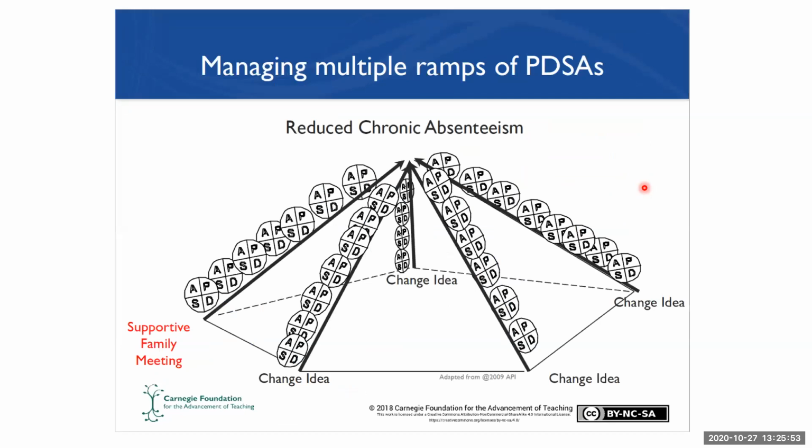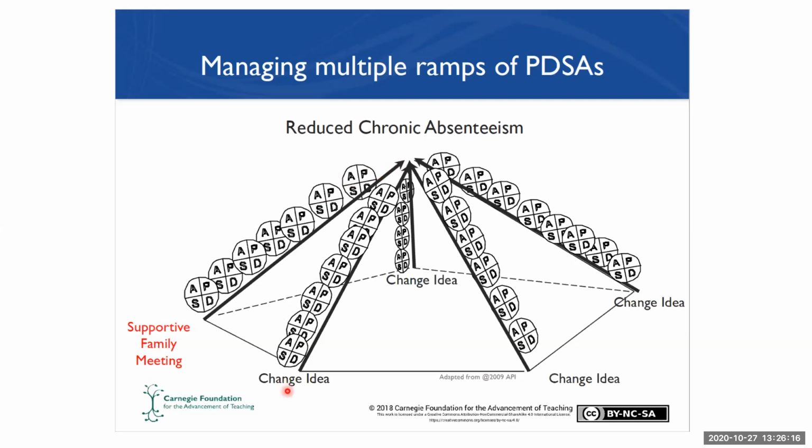Another important thing to think about is one change idea is not going to solve your entire problem. So the supportive family meeting is one series of PDSA cycles. And in the example from High Tech High, they iterated this about 6 times till they got to a supportive family meeting protocol that they felt good about.